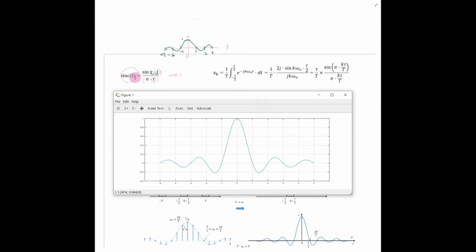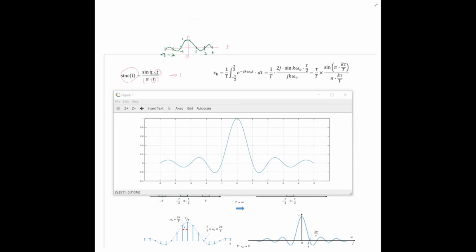If this argument equals 1, then sin pi is 0. So this is the first null. The second null is at this point. It's t equals 2, which means sin 2 pi is 0. Between 0 and pi, sine is positive, but between pi and 2 pi it is negative, alternating positive and negative like that. So you need to think about every null.